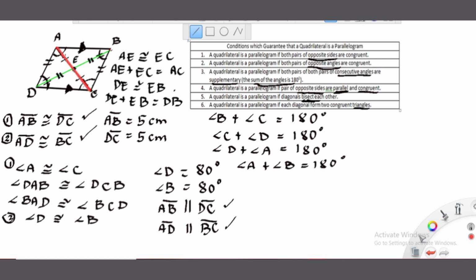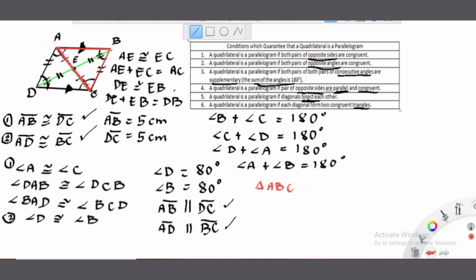Okay? So, with this diagonal, may nabuong dalawang triangles. Ano-ano yon? Ito yung isang triangle. So, ito yung other side. And this is the third side. So, let's name it as triangle ABC. And ano yung isa pang triangle? The other side.